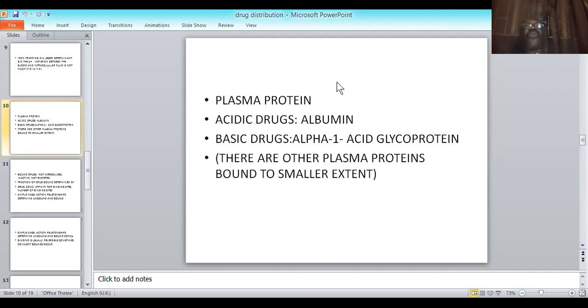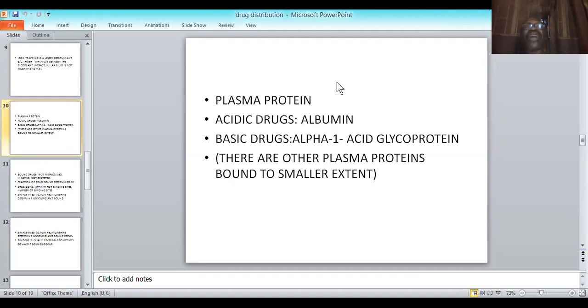As the unbound portion binds to the active site, it exerts its pharmacological action. Some are metabolized and excreted. The concentration of the unbound drug drops in the plasma. When that concentration drops, some of the bound drug becomes unbound to replace whatever has been cleared, and it continues to occur like that.